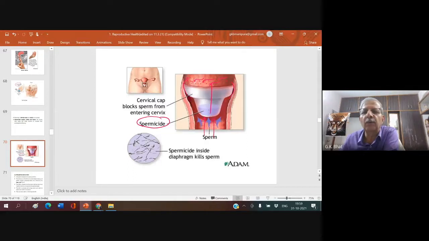If at all some naughty sperms make some entry somehow, if they come here, because of this spermicide, they get killed. This is ensuring double safety. I hope you understand my point.